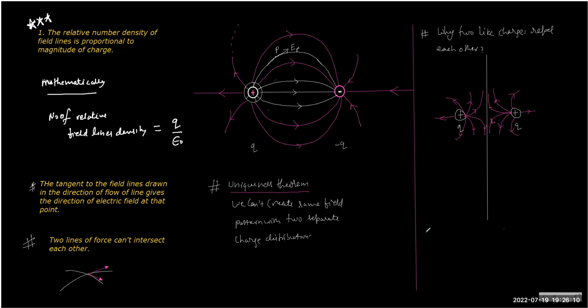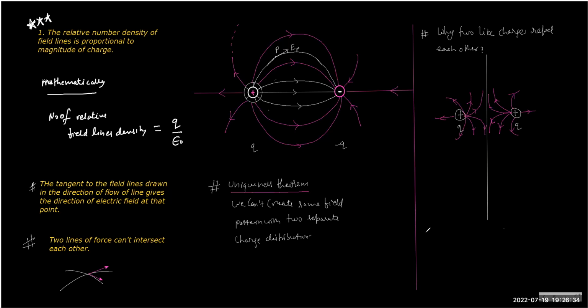As a result of the push of the lines of force, the charges will separate, and that results in the repulsion. Do you realize what I'm saying here? You can imagine that these are two blowers, and both are blowing in front of each other. So air can neither go right nor go left.